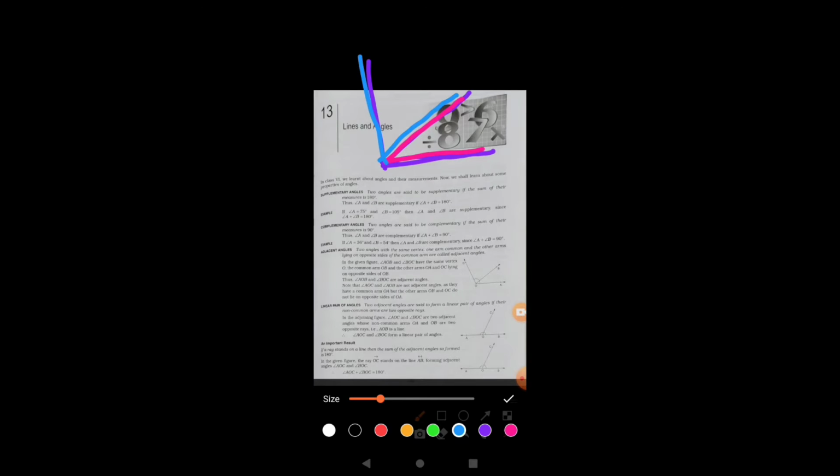So we can see this arm is common in both the angles, of angle 1 and also of angle 2. So we can say this is the common arm. So if two angles having common vertex, one common arm, so we can say these angles are adjacent angles.